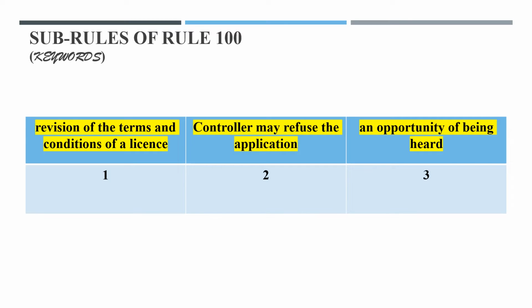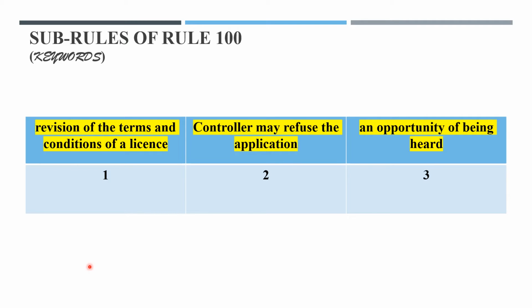Subrules of rule number 100. The key terms I have taken here from the respective subrules, as I always say, are for my convenience. You can take your own. The key phrase for subrule 1 is revision of the terms and conditions of a license.